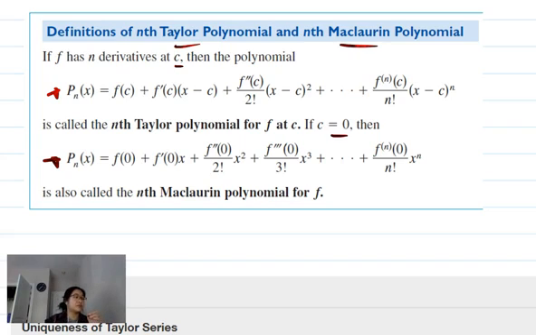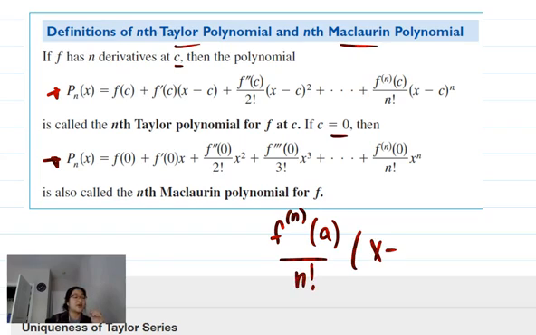And all our terms have this same format of the nth derivative of f, evaluated at some number, be it a or c or whatever, over n factorial, because that's how many derivatives you're taking, times x minus a to the nth power, and we're looking at a sum from 0 to infinity of that.